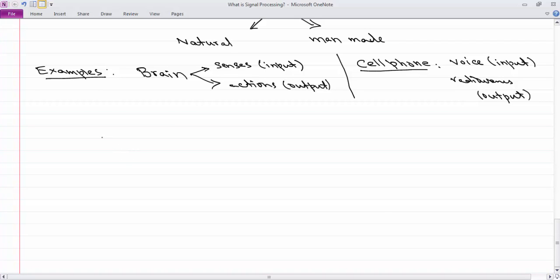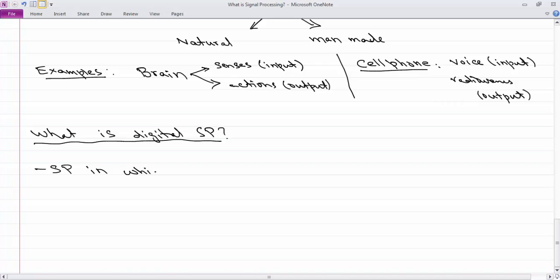So we have addressed then what is signal processing. Now this class is called digital signal processing. So let's ask ourselves, what is digital signal processing then? Signal processing in which all the processing takes place inside a digital system.